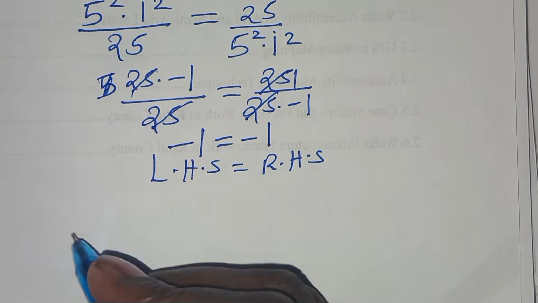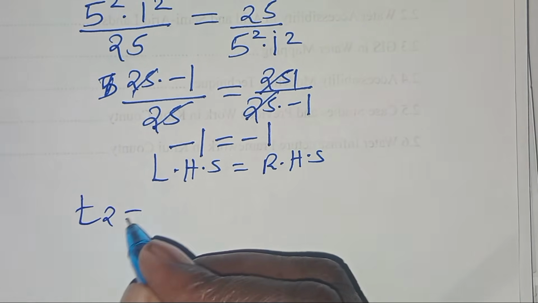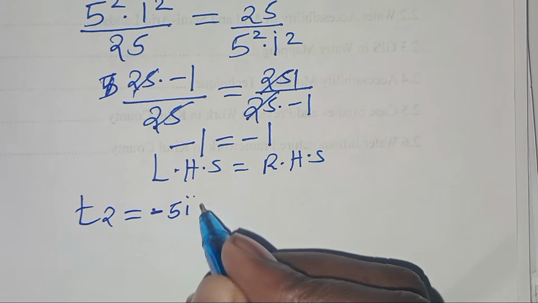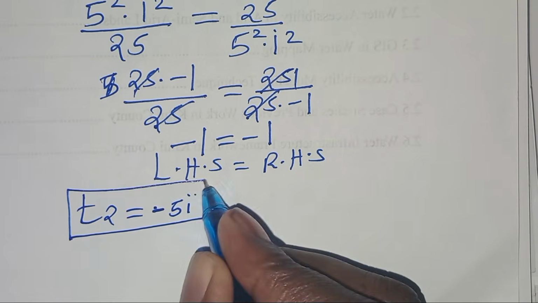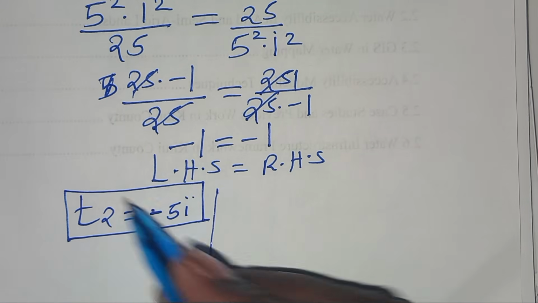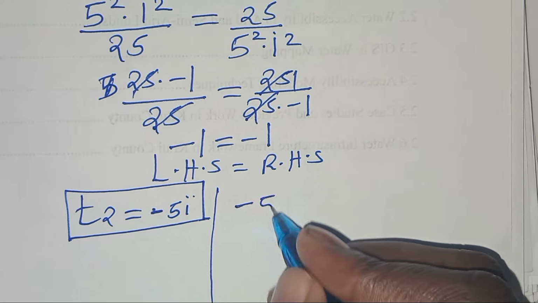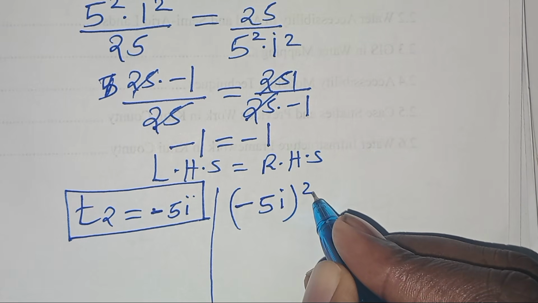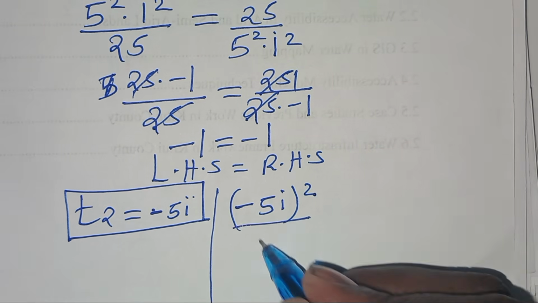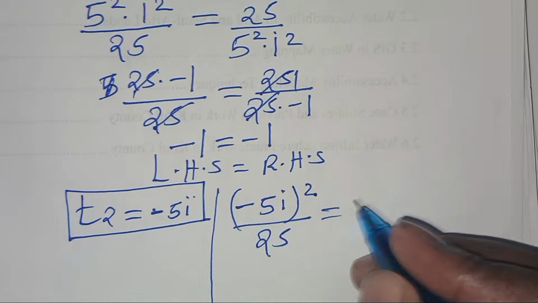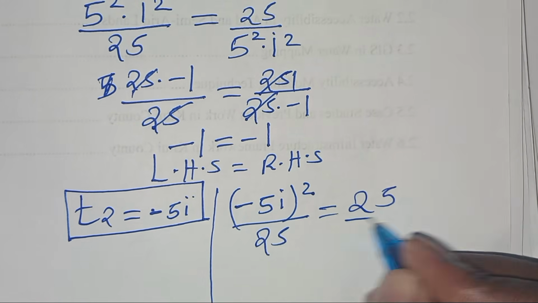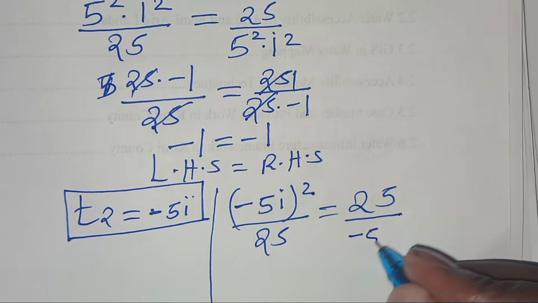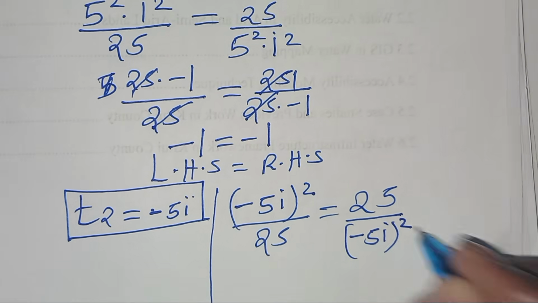So let's check T2. T2 is equal to negative 5i. Substituting this, we'll have negative 5i squared divided by 25 equal to 25 divided by minus 5i squared.